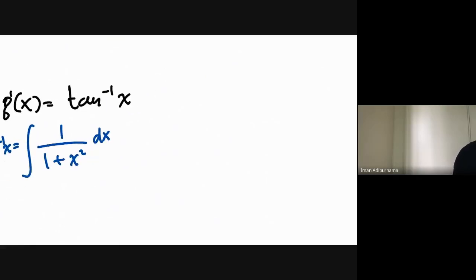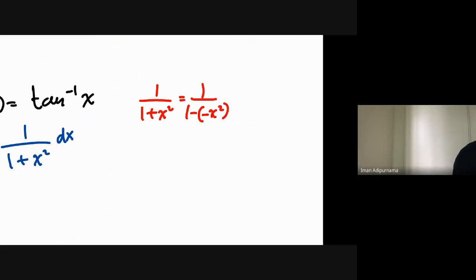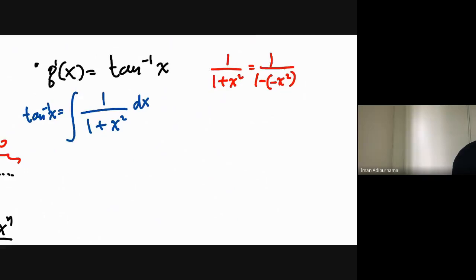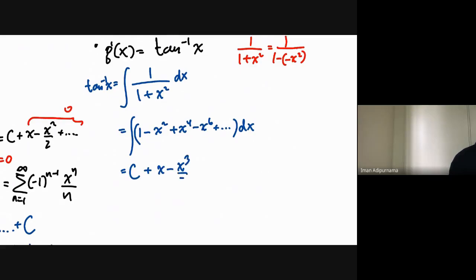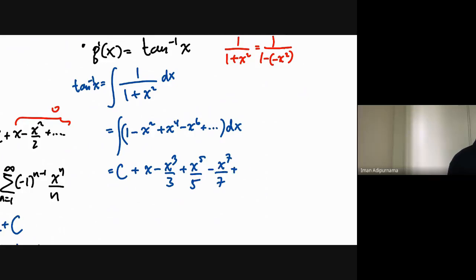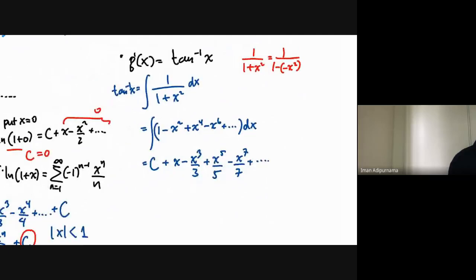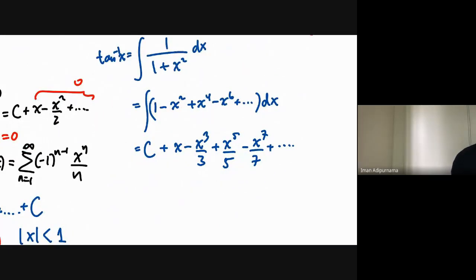And remember that we already did this form, 1 over 1 plus x squared, right? So what we need to do is change this form and then apply it to 1 minus x squared plus x to the fourth, and dx. And then let's find the integration. So we get x, and then to find c, we can put x equals 0.